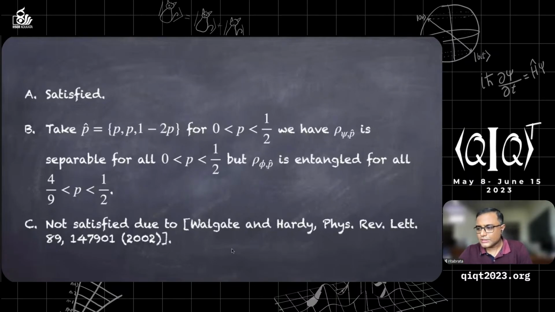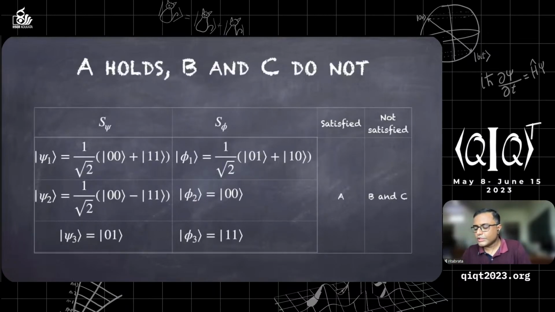The theorem they came up with was the following: if you consider three orthogonal 2-qubit pure states, then they can be distinguished by LOCC if and only if at least two of the states are product states.